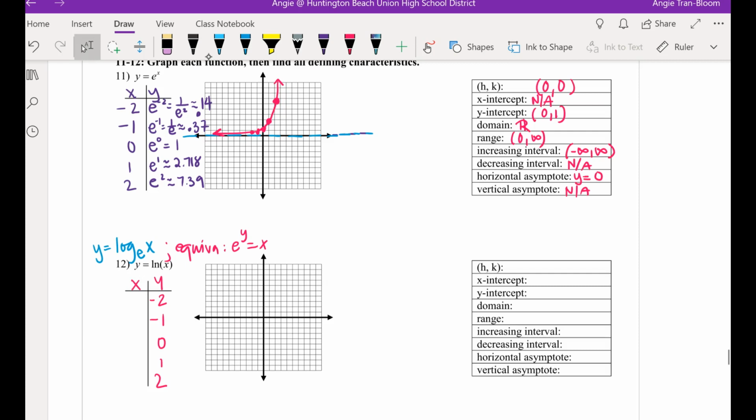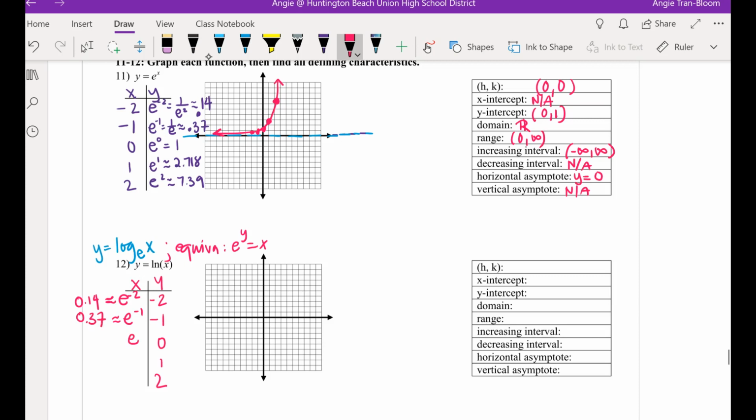Do I need to do any work at all now to get the x values? No, because I can just look at the table above. So this one is e to the negative 2, which we already calculated the value. That was about 0.14. This one was e to the negative 1, which is about 0.37.